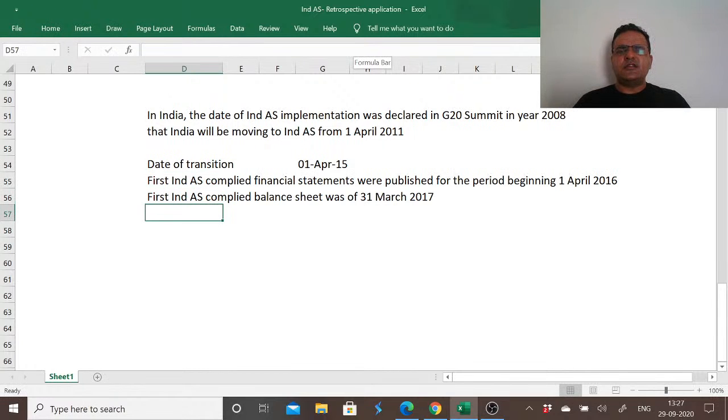All the three statements are correct. The date of transition in India is 1st April 2015. The first Ind AS compliant balance sheets were published for the period beginning 1st April 16. The first Ind AS compliant balance sheet was of 31st March 2017.